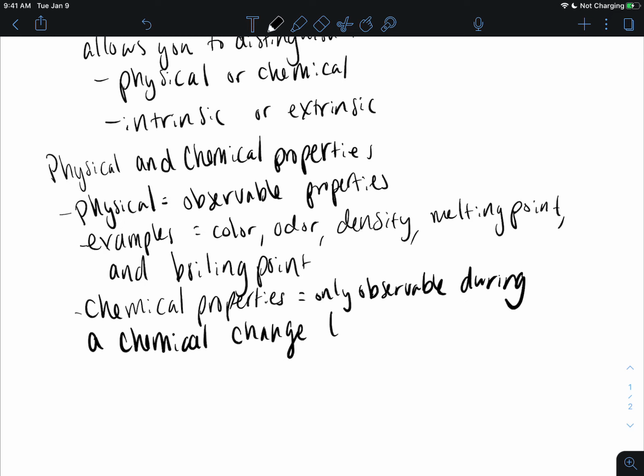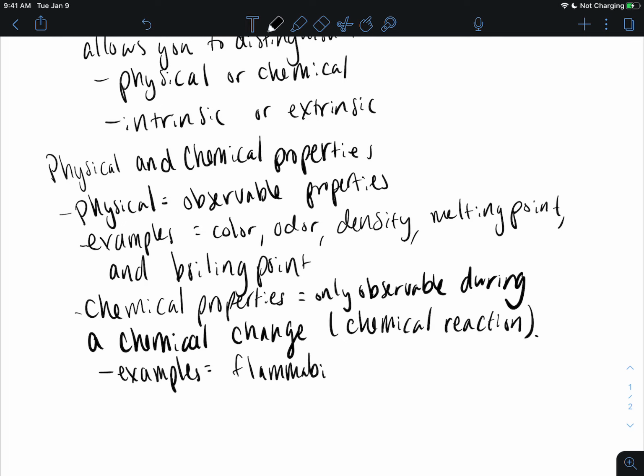So a chemical change is the same as a chemical reaction. Okay, so some examples of this are going to include flammability or reactivity.